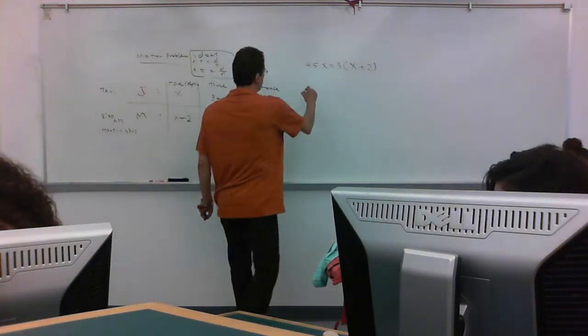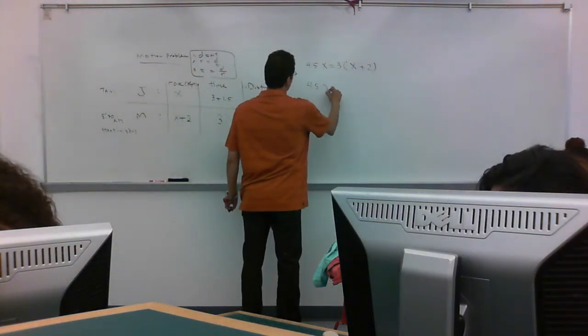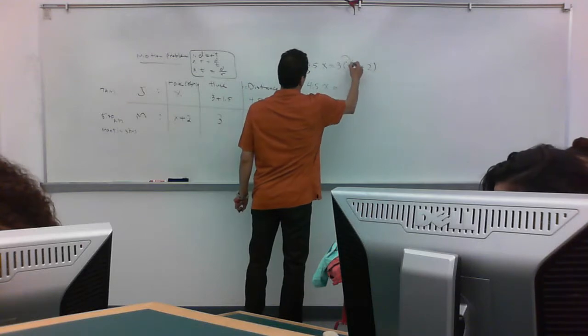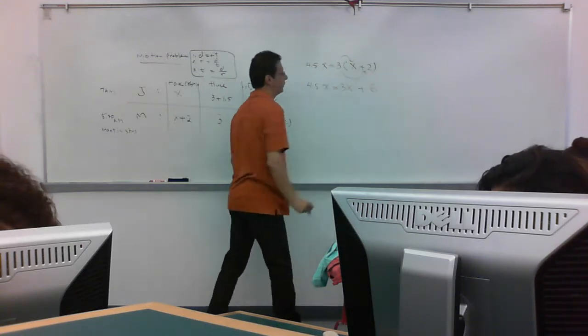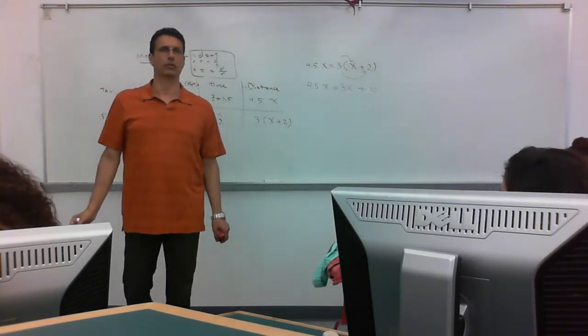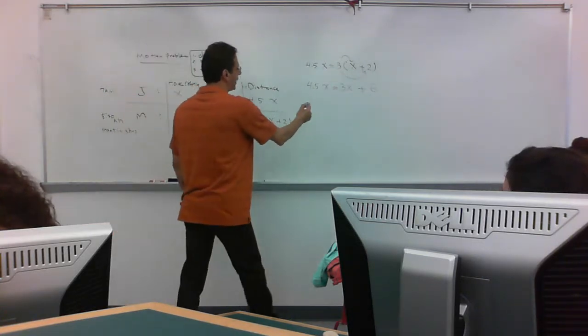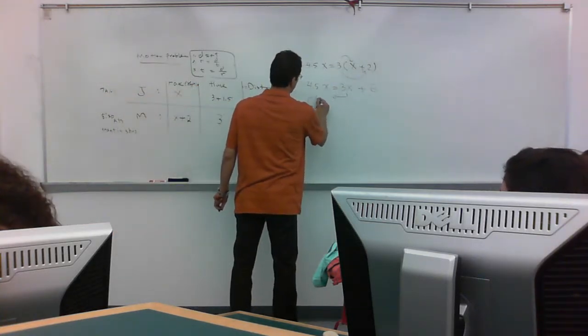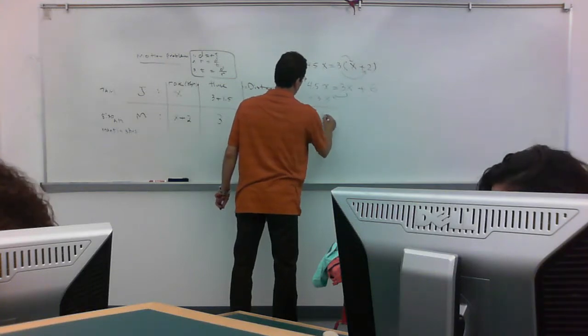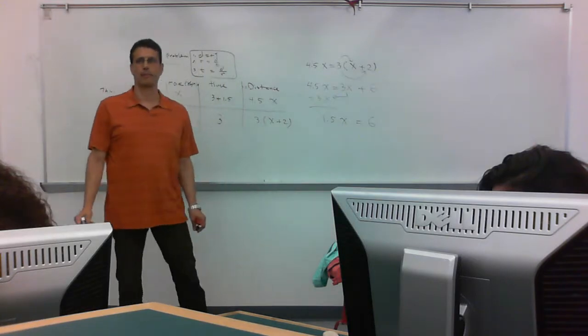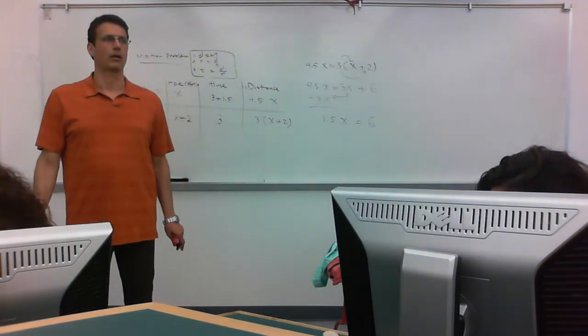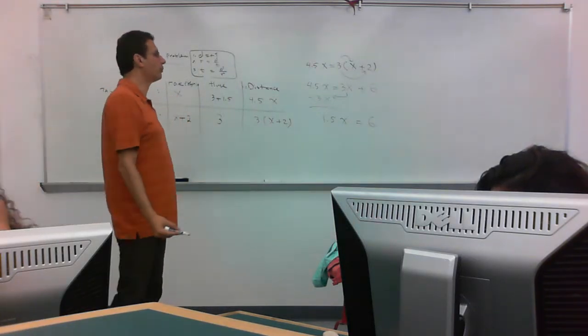So now 4.5x is equal to what? 3 times x and 3 times 2. Subtract the 3x. You get 1.5x equals 6. Divide both sides by 1.5, everybody.